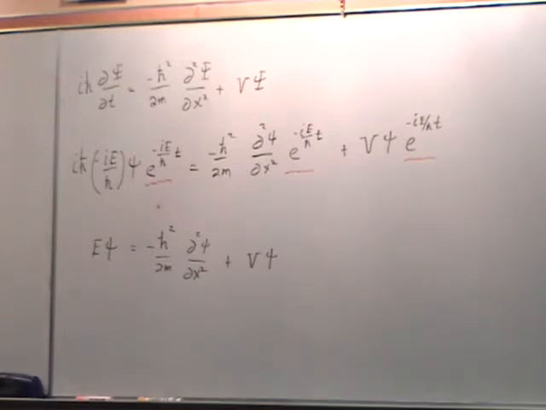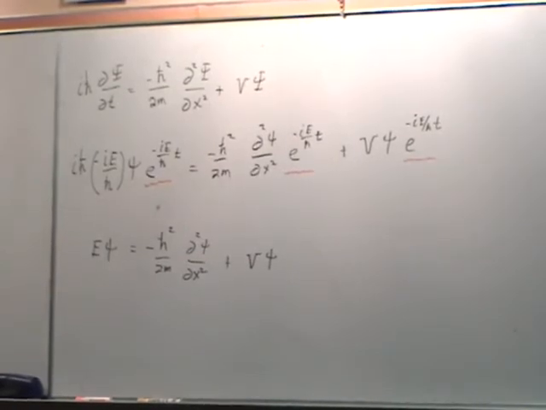Let's rearrange, because we like to rearrange. Go ahead. Why isn't there a negative i squared in front of the e? Well, there is. A negative i squared is plus 1. Oh, yeah. And your partial with respect to x is now the lowercase psi. Correct. Why is that?